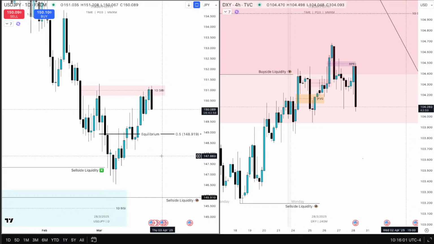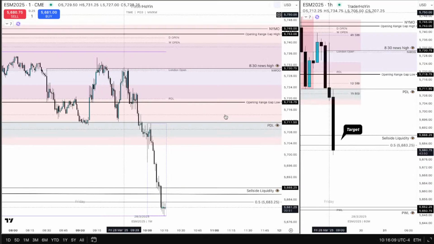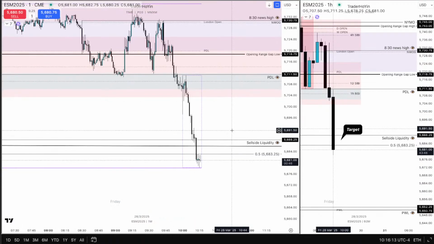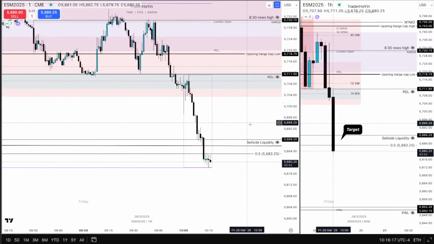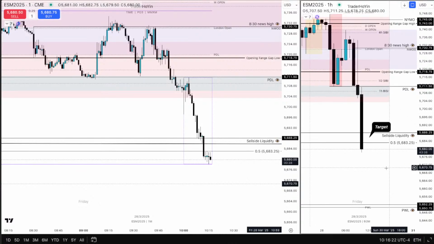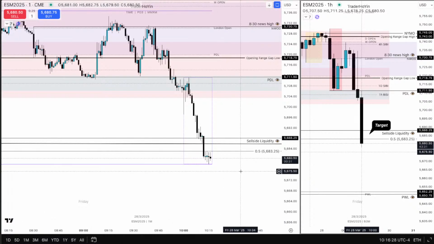We all know that a cheaper dollar is good for indices, right? But sometimes it doesn't work like that. So there's a lot of uncertainty in the market. But long term, the stock market always goes up, right?